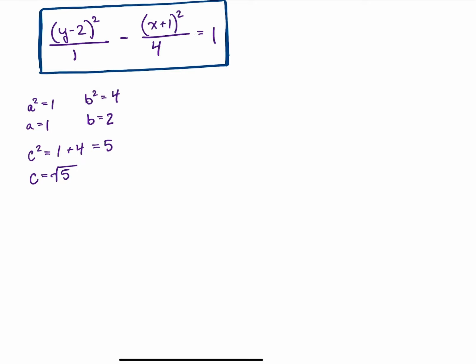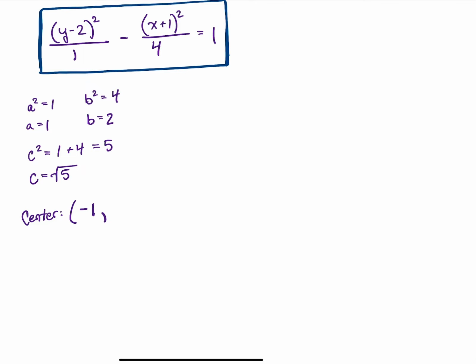Let's go ahead and produce the graph now that we have the equation. Let's already define our center point. So it's h comma k. The h value comes from our x term. If it's plus 1 in the equation, that means it'll be minus 1 in our center point.